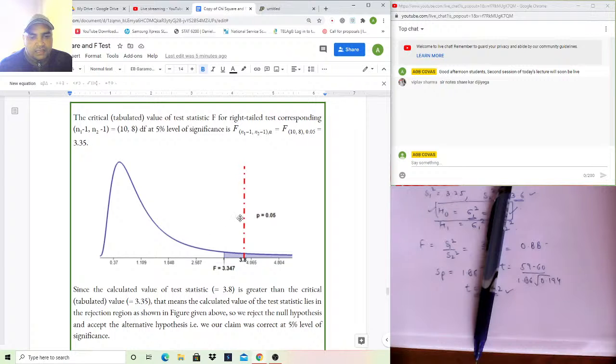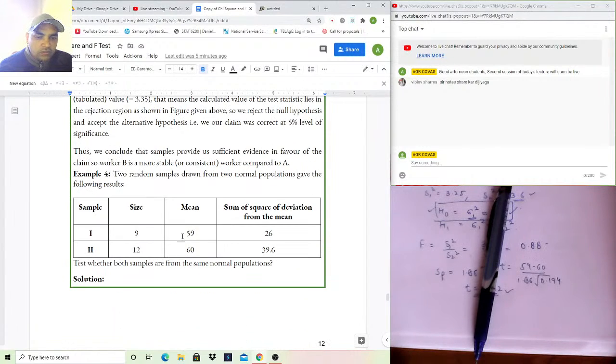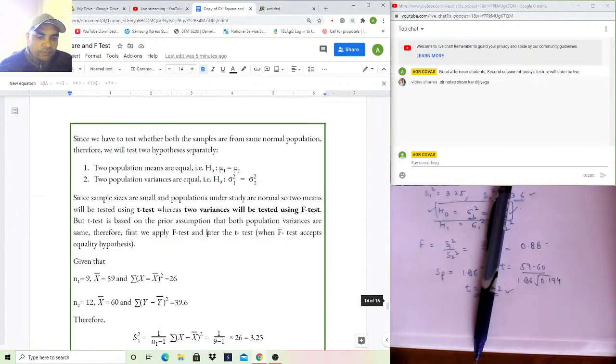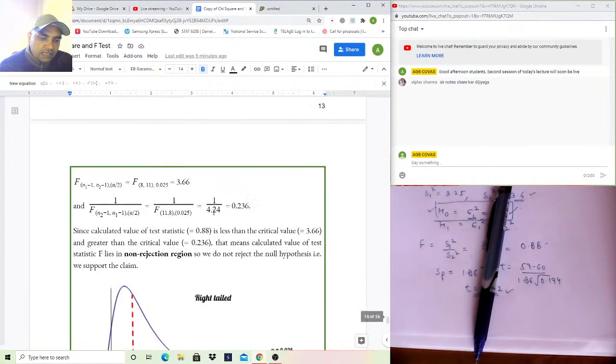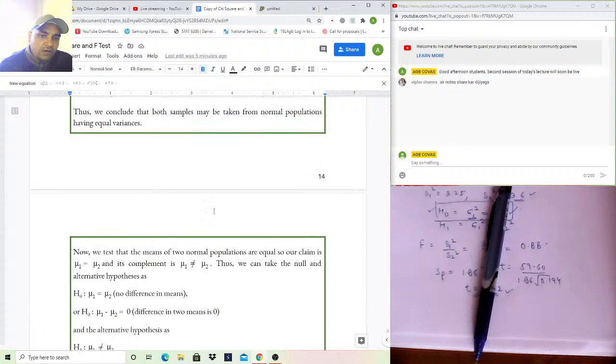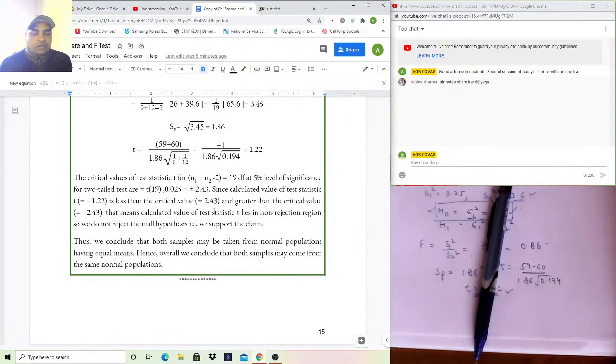If it is in the rejection region, then your null hypothesis is rejected and your claim is accepted. If they are asking about the normality of a population, then after doing the F statistic we can go for the t statistic, and after concluding that, we can tell whether the two samples are from the same population or not.